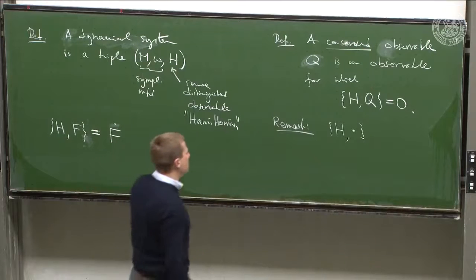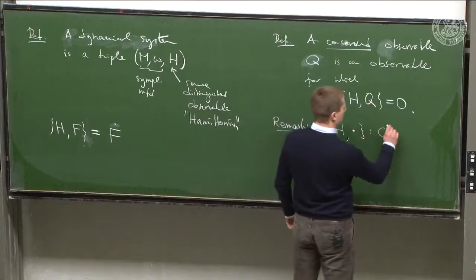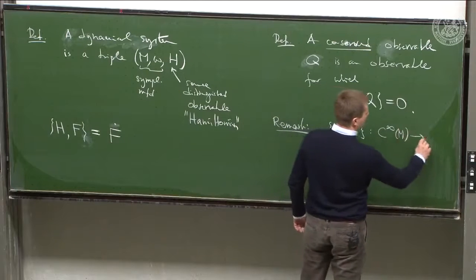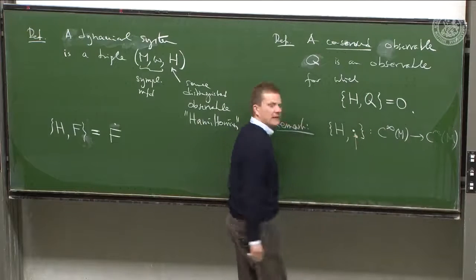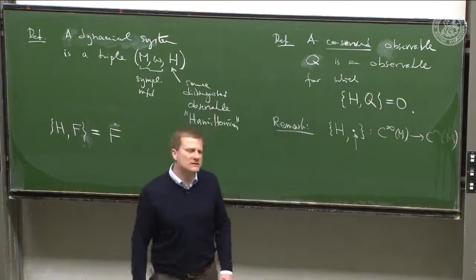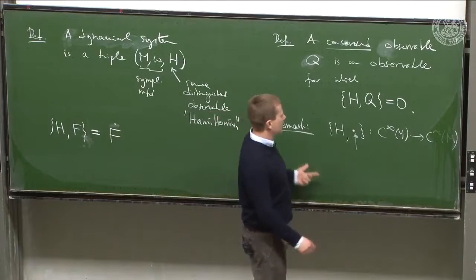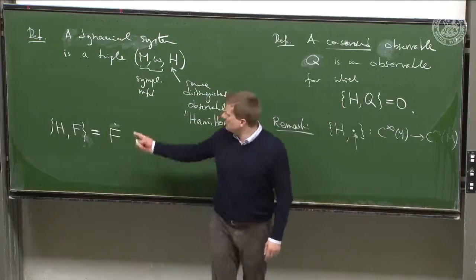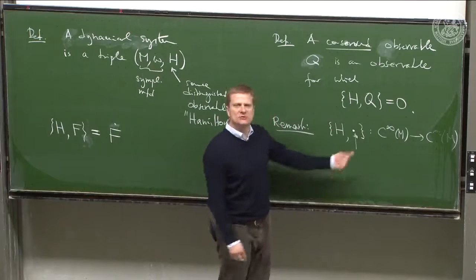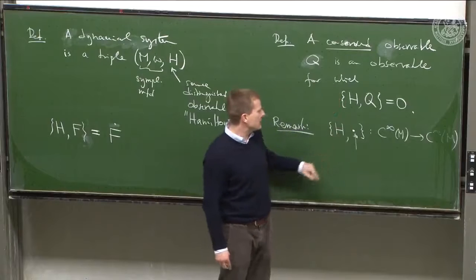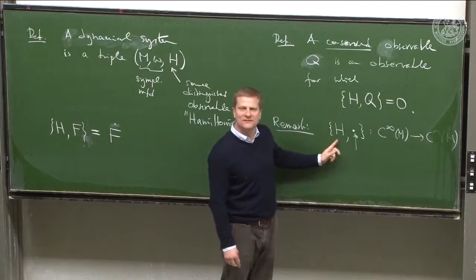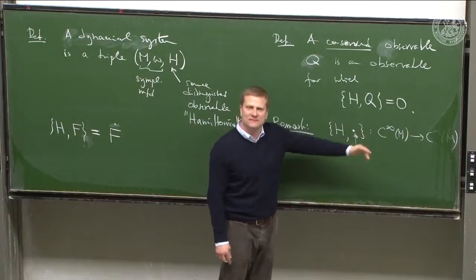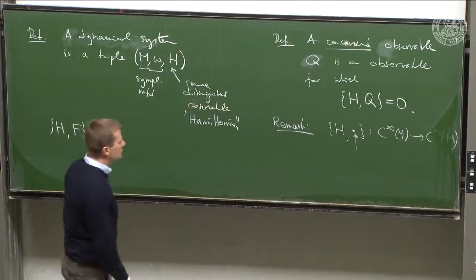Obviously, this is a map that takes an observable into an observable linearly, because it's the observable I can plug in here. These objects appear, for instance, if you write down the formal solution of this problem: if H is time independent, you write it as e to the t times this object, which then acts repeatedly, and you expand the solution.